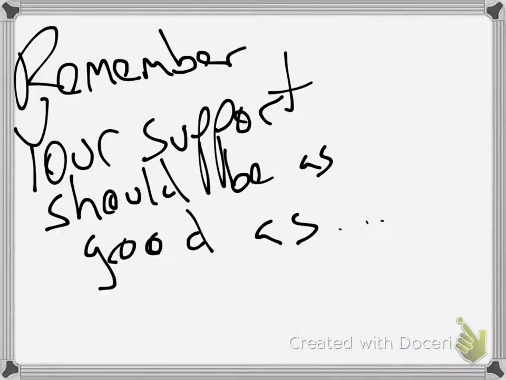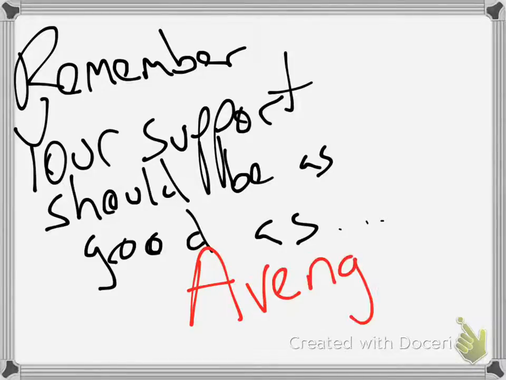So remember, your support should be as good as the Avengers. Every supporting paragraph is part of your team, and you want it to be as good as the Avengers.